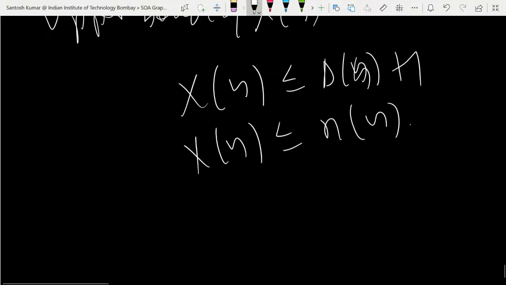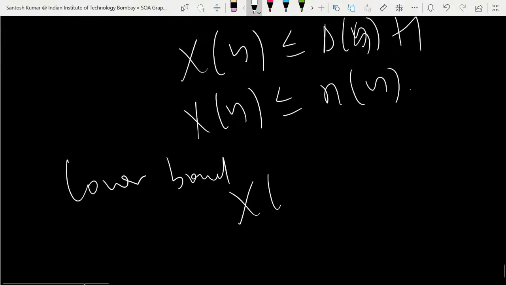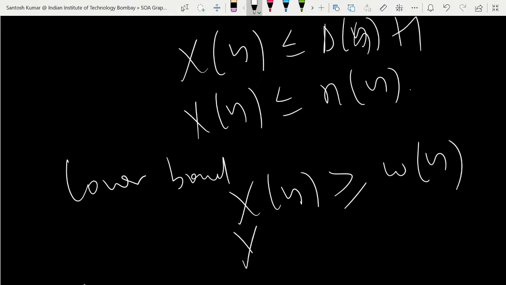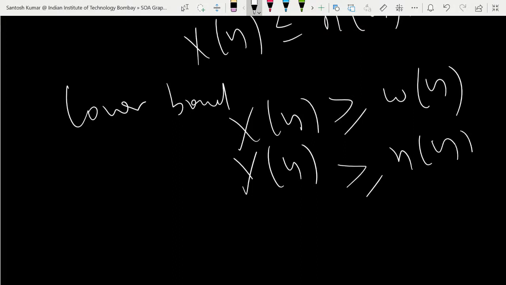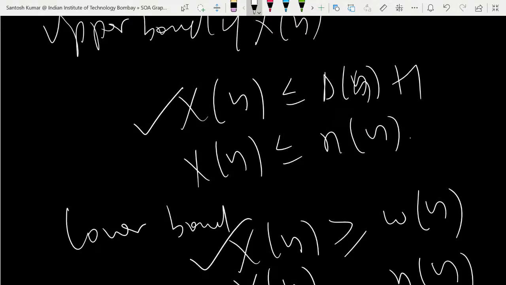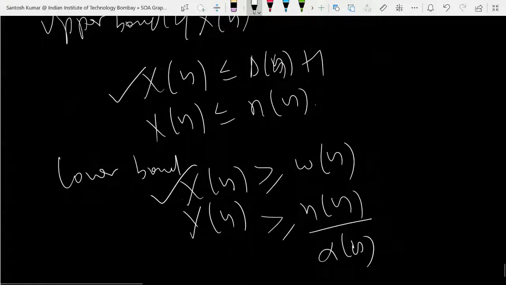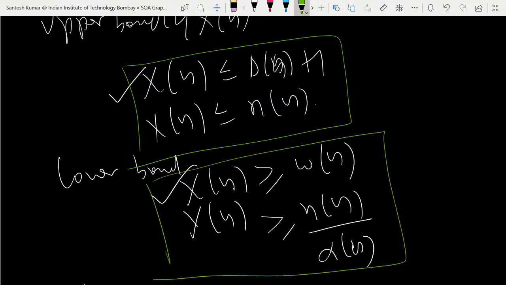And the lower bounds were: chromatic number of G is more than or equal to clique number, or the other lower bound you have is order upon independent number. So this one is the better result and this one is the better result. Upper bound and lower bound of clique number.